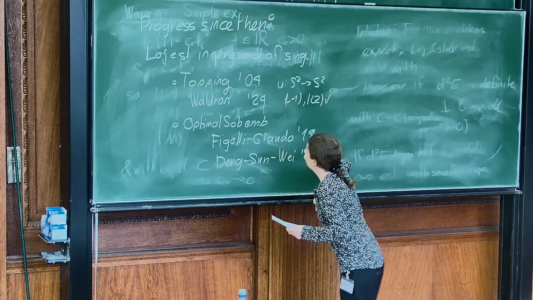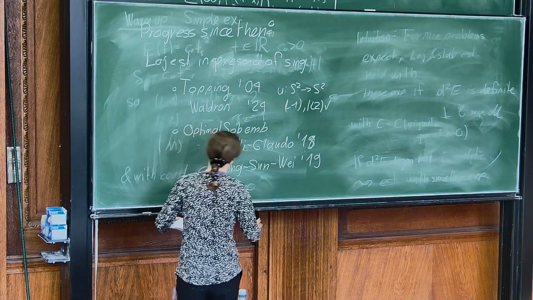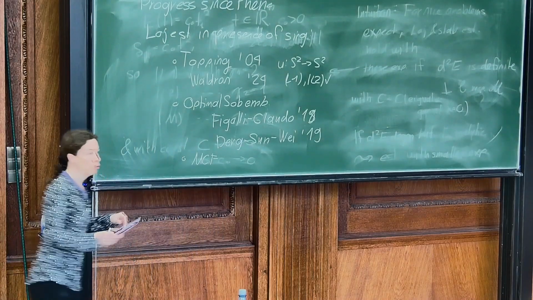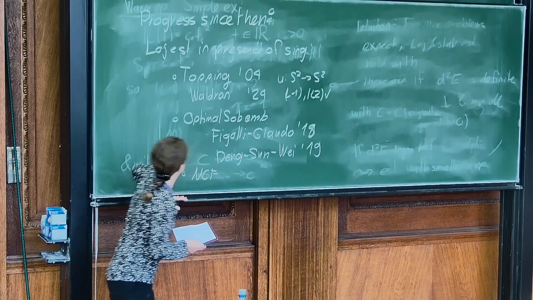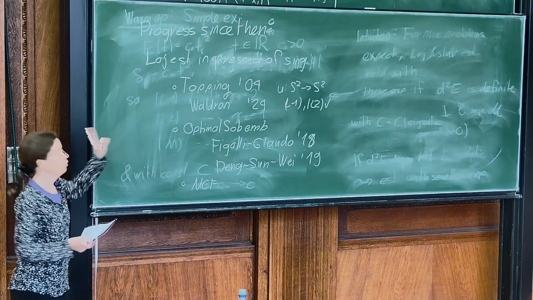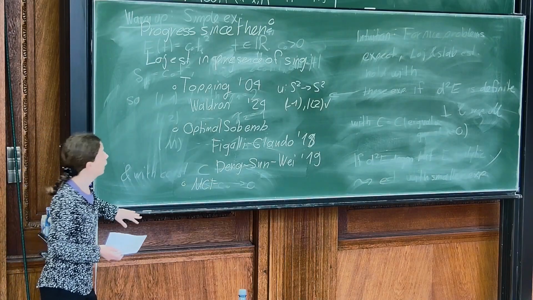And then there's work on mean curvature flow from Colding, Minicozzi, and Chodosh–Schulze. And that's pretty much it in terms of Łojasiewicz estimates in the presence of singularities. So there are very few results like that.